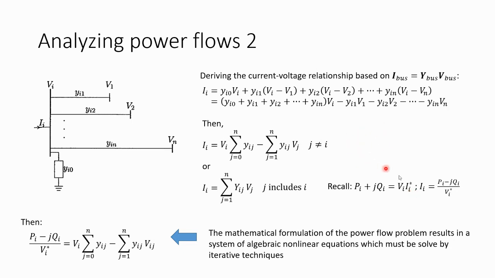And when you take V over, it will be P plus jQ divided by V. And when you take the conjugate over, then the P plus jQ becomes P minus jQ because we toggle the sign of the imaginary number. And for V, too, as well. So the V, we notate with the conjugate sign as this.